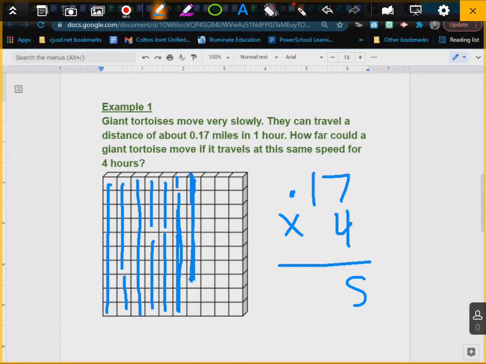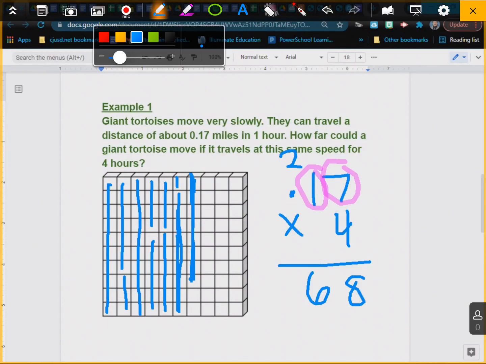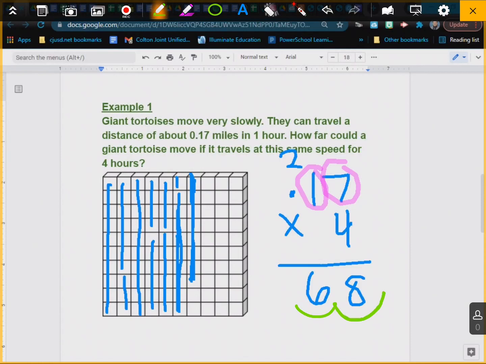Well, 4 times 7 is 28. 4 times 1 is 4, plus 2 is 6. Okay, and now I'm going to count. I have 2 digits that are behind a decimal. You guys see that? So, going from right to left, I go 1, 2. My answer is 0.68. And you can see that here. I have 68 that are filled in, so 0.68.